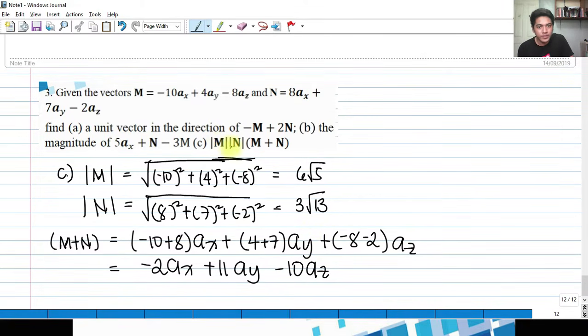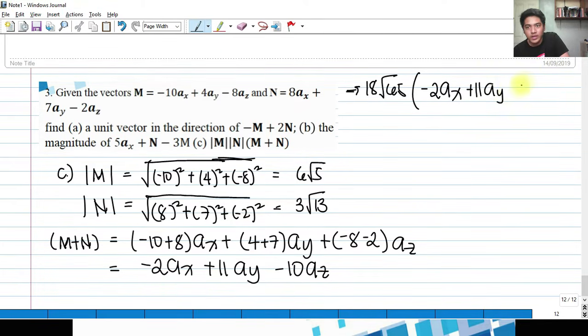If we perform this, magnitude m times n, what will happen? That should be 18 square root of 65. If we calculate it, 6 square root of 5 multiplied by 3 square root of 13, that gives 18 square root of 65. Multiplied by the m plus n, which is negative 2ax plus 11a sub y minus 10a sub z.